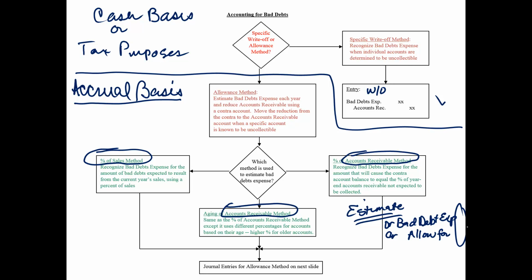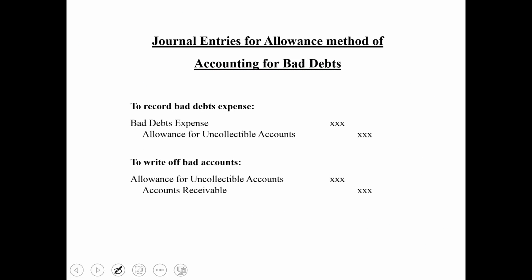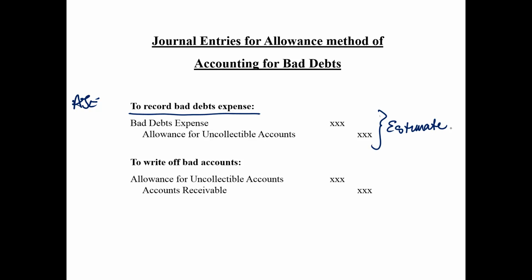And the amount here is an estimate. So let's look at the next slide. And as you can see, here is our adjusting journal entry again. And we make that at the end of every year. And the amount is an estimate based either on a sales approach or on an accounts receivable approach.